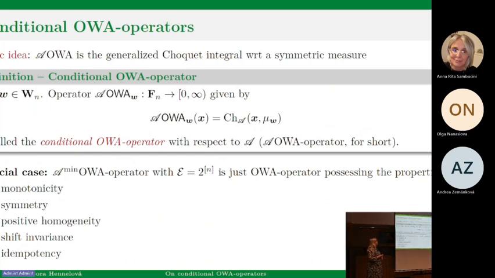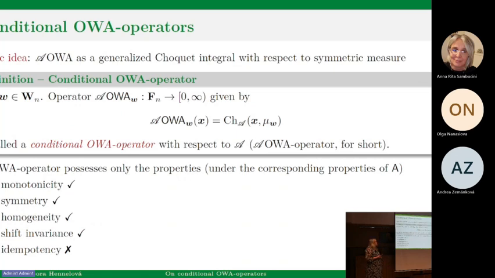A special case of this conditional OWA operator is the classical or standard OWA operator, when we consider the minimum aggregation operator and add as the collection the whole power set. The standard OWA operator possesses the properties like monotonicity, symmetry, positive homogeneity, shift invariance, and idempotency.